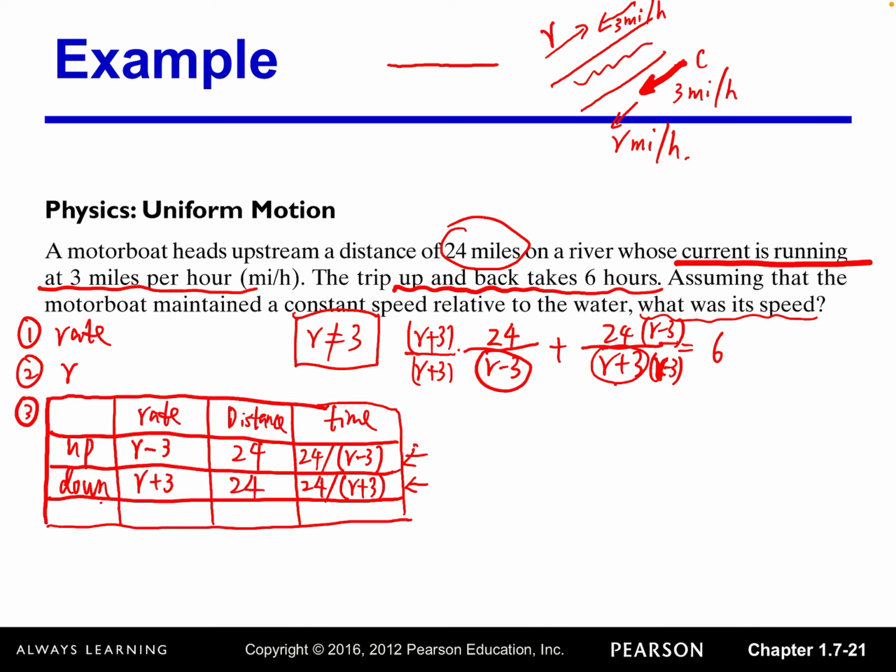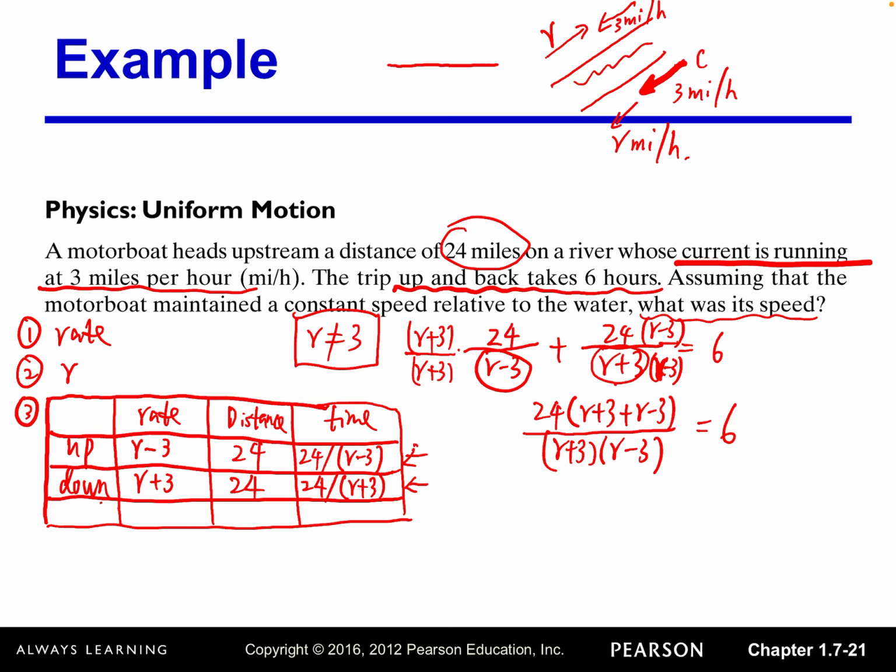All right. So now on the left-hand side, both terms have the same denominator, which is r plus 3 times r minus 3. So the numerators we can combine, right? They have a common factor, 24. We can factor that out, and the remaining factor will be r plus 3 plus r minus 3. Is that right?